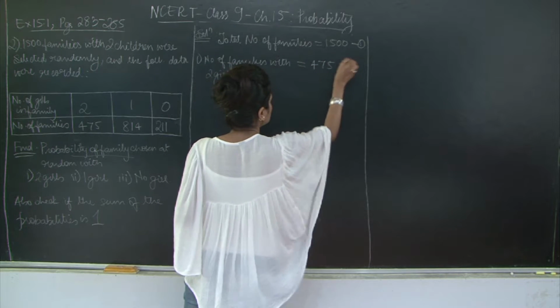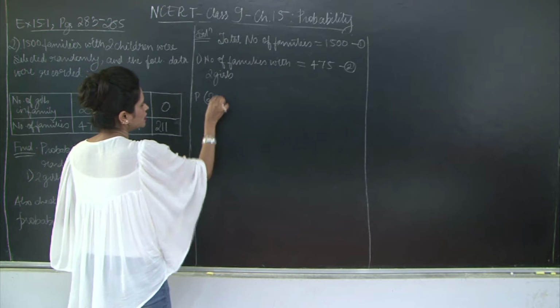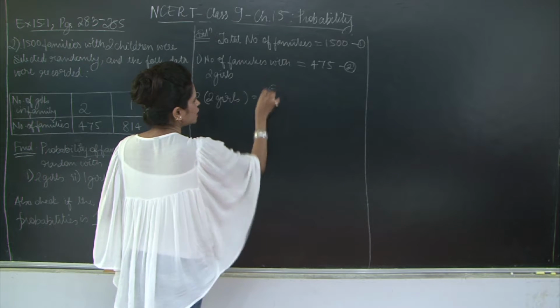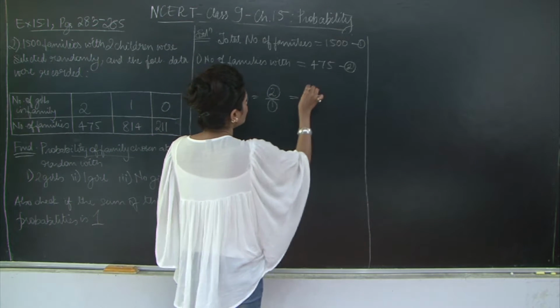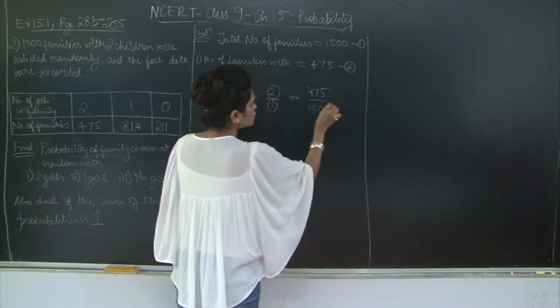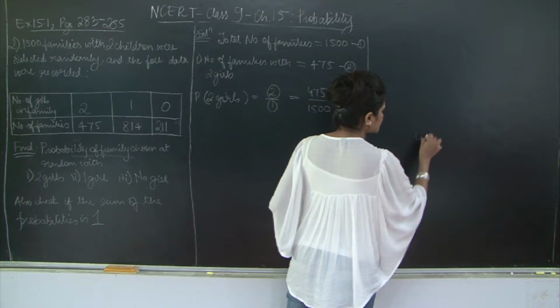Let's mark this as 2. So the probability of families with 2 girls is going to be equation 2 divided by equation 1, which is 475 by 1500. I'm just going to do this calculation at this side, just so that our work is a little neat.